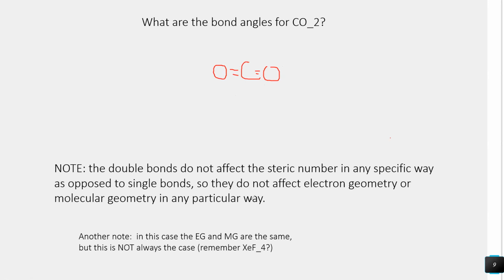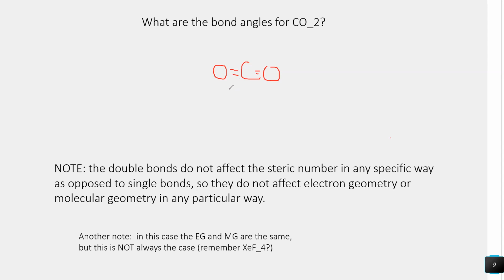But remember that the steric number is only affected by the number of atoms bonded to the central atom and by the number of electron pairs. There are 0 electron pairs and there are only 2 atoms bonded to carbon, so the steric number is 2. So the fact that these are double bonds doesn't affect the steric number specifically.